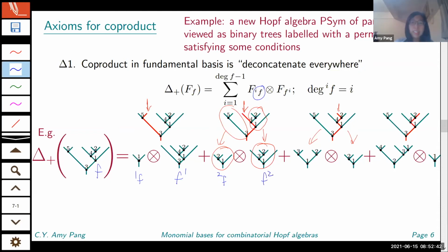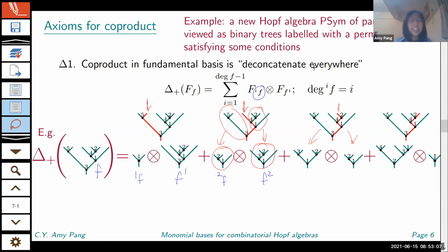Actually, I can relax this condition a little bit. It doesn't have to be deconcatenate everywhere. But again, I don't want to explain that because I want to keep things simple. Okay, so that's the first axiom.